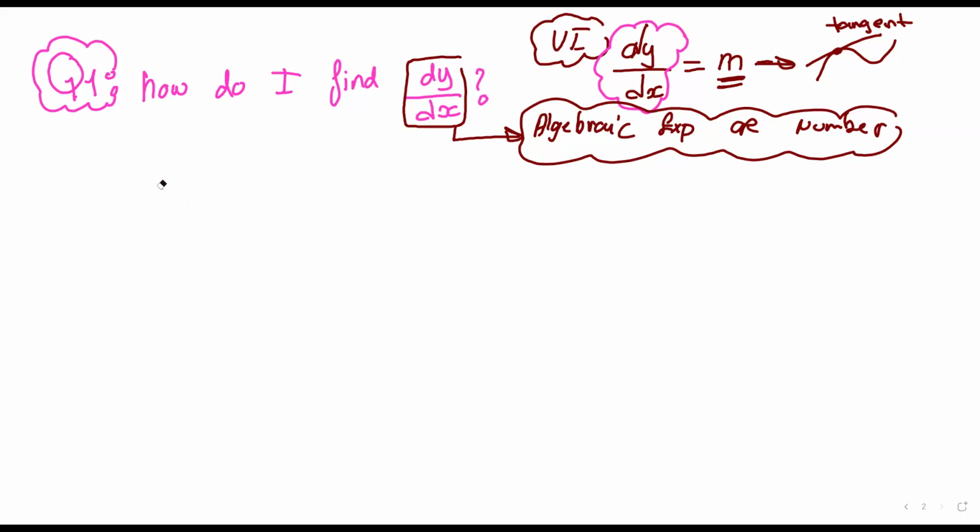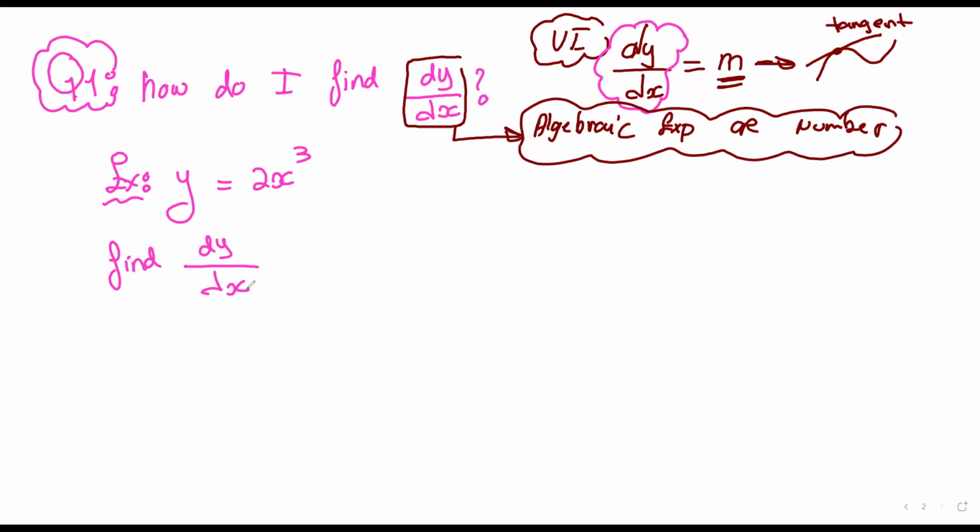As we agreed, now we will learn how to find dy by dx. Let's see an example. The examiner says y equals 2x power 3. The question is, find dy by dx. How do I find dy by dx?